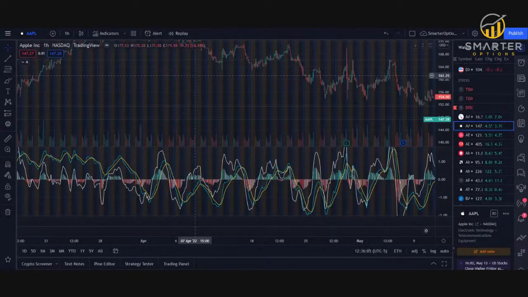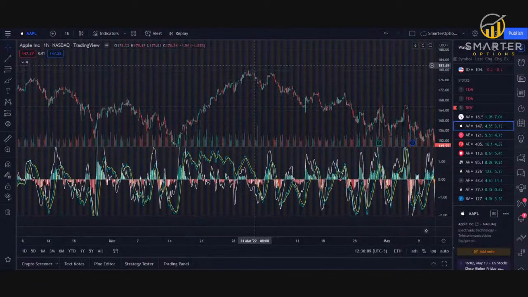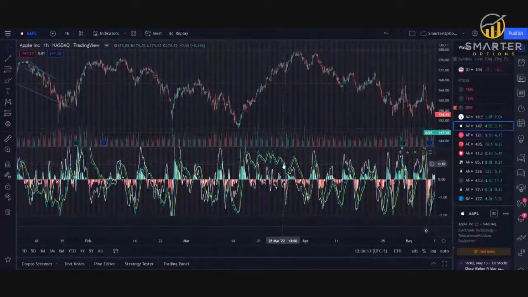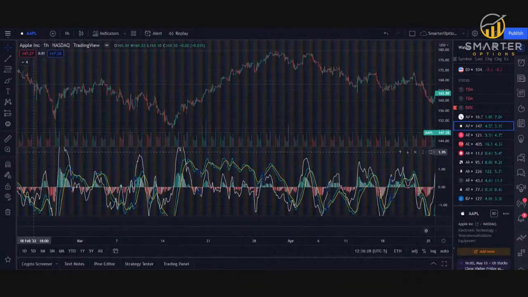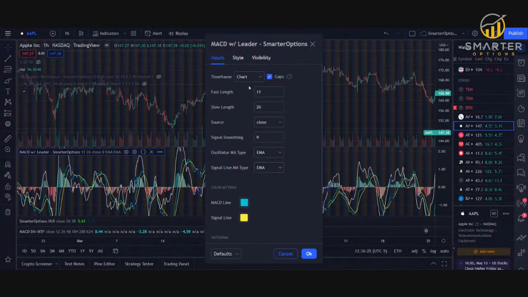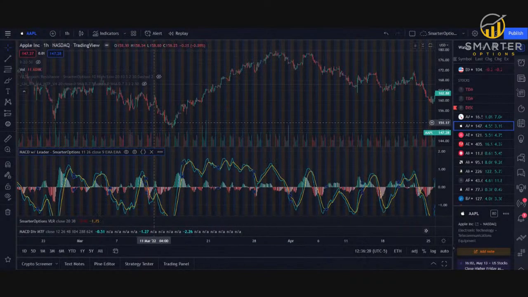So let's go to the 1 hour chart here on Apple, and we'll just start looking here. And here's a perfect example right here. Now, when you're looking at an oscillator, especially the MACD oscillator, hang on one second. I'm just going to hide that MACD leader for right now.